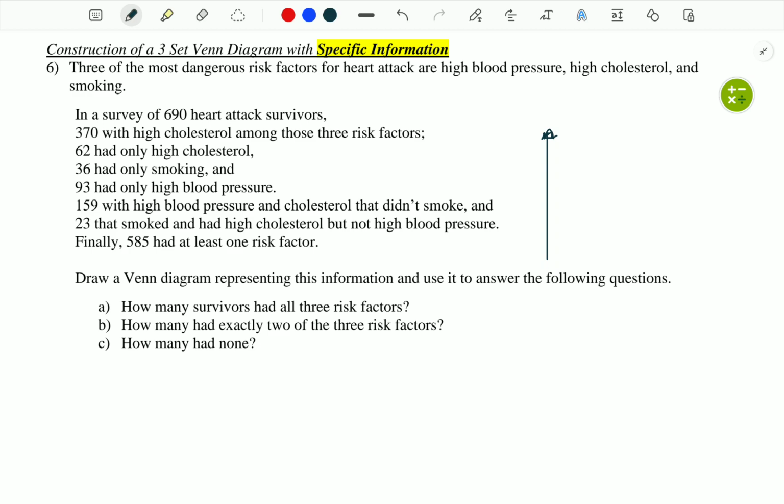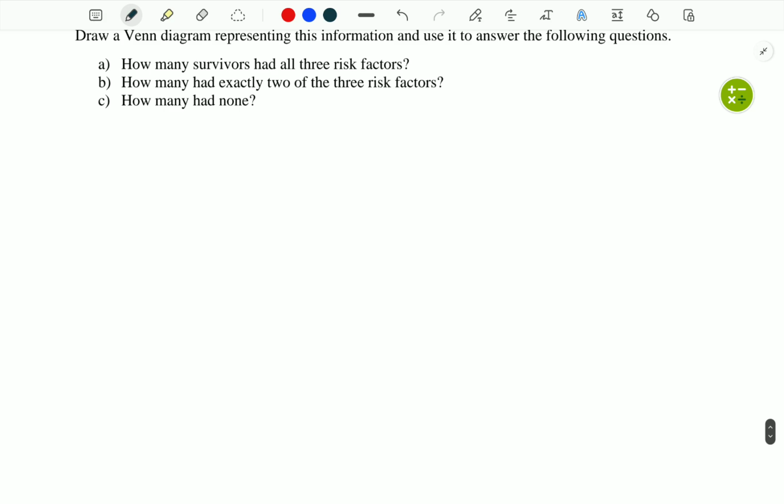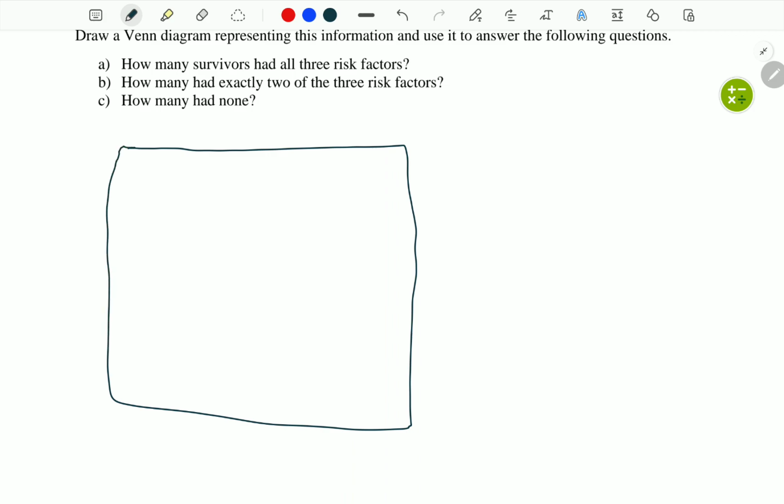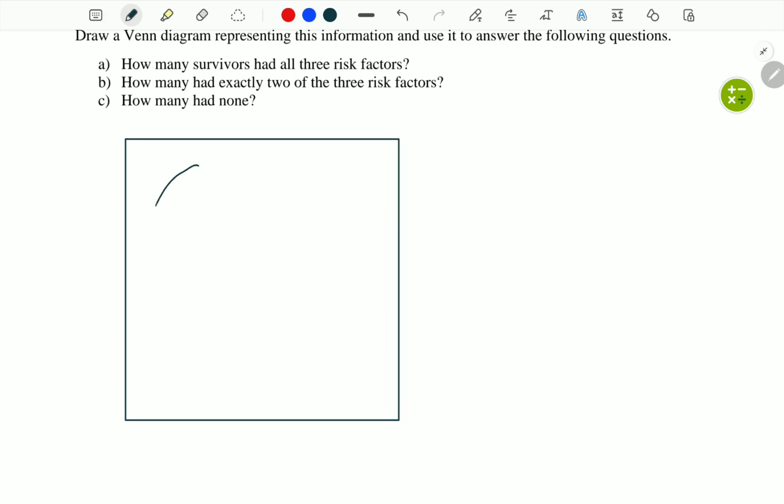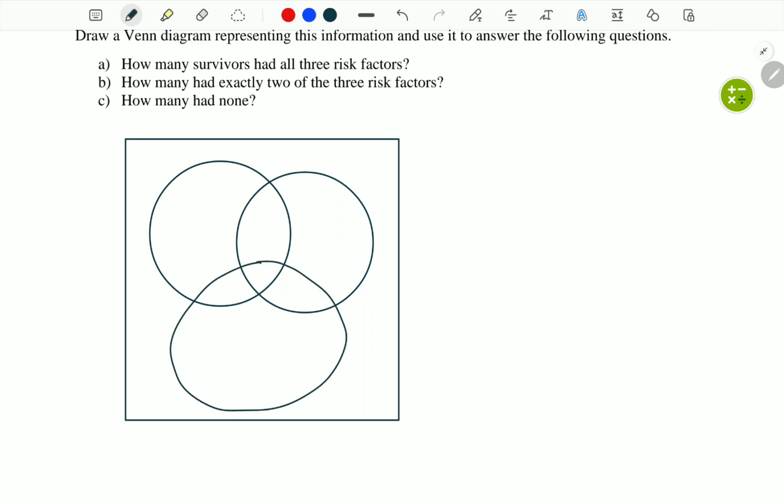Let's first start constructing the Venn diagram with 3 circles. Draw your box, which is the entire universal set. Circle 1, circle 2, circle 3.